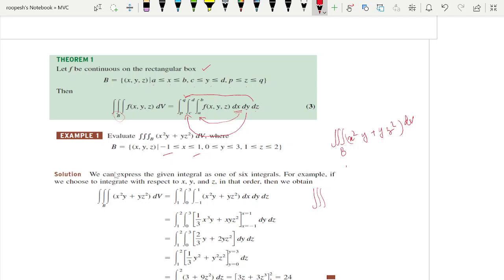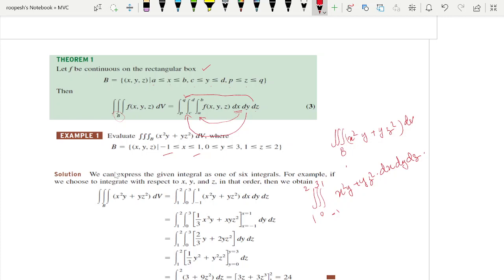I am writing first in terms of x, so it is from -1 to 1, first limit. Second limit is from 0 to 3 with respect to y, and next is from 1 to 2. I should find the integral of x square y plus y z square dx dy dz.